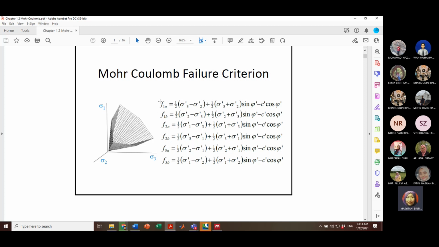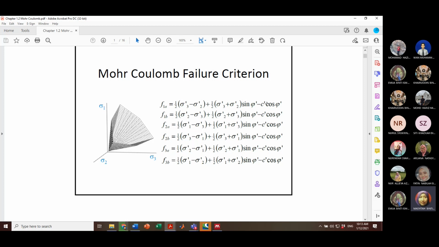All the yield criteria 1A, 1B, 2A, 2B, 3A and 3B can be calculated using the equations given here. Some formulas we can easily get from experimental results, but the parameters can also be obtained from the stress path.